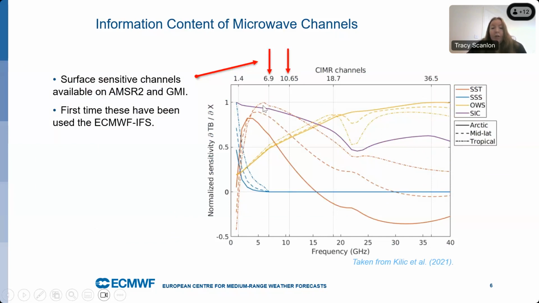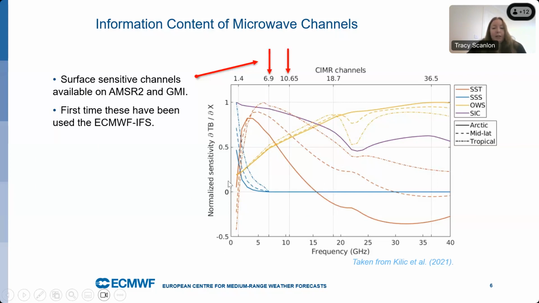So here in orange, we can see the SST peaks. And in the tropics, we really get this great sensitivity at 6 gigahertz, and it's still there at 10.65 gigahertz. So it's really important to be able to exploit this information. However, these channels have never before been used in the ECMWF IFS. So there's been some work that's had to go on for that.